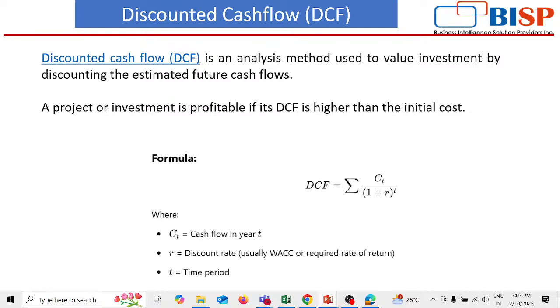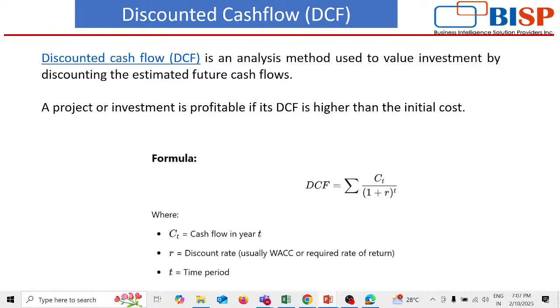A higher discount rate indicates higher risk and consequently a lower present value. And then 1 plus R is raised to power T, that means this is the time period T over here. So each cash flow is discounted to its present value, considering the time period at which it is expected to occur.